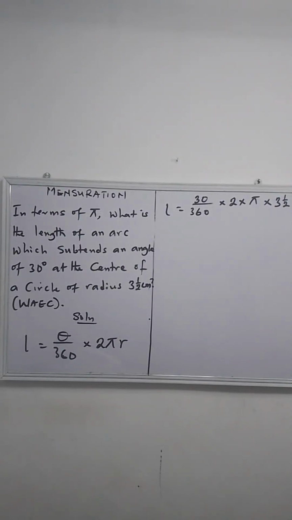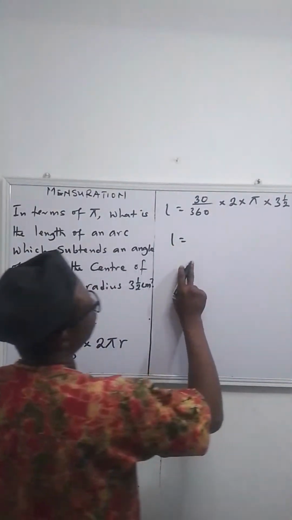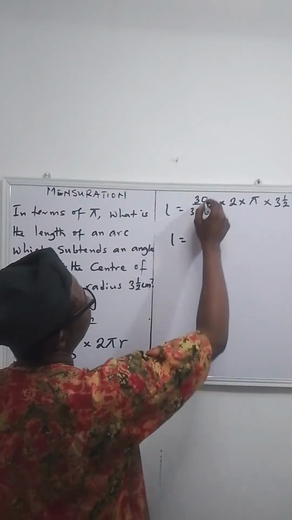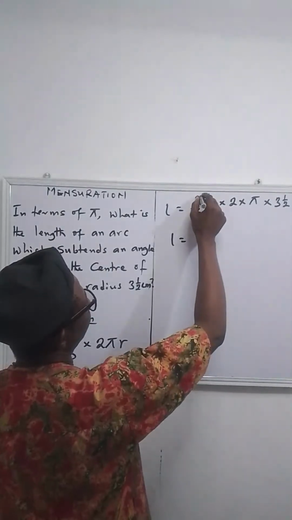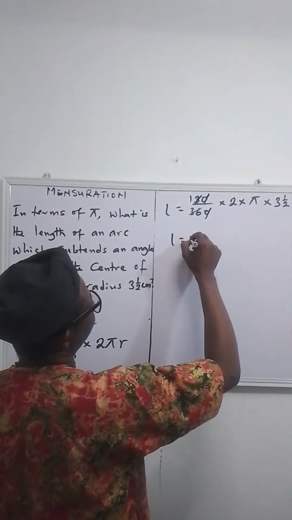Okay, Divine has dropped an answer. I can see 3.5 pi, is it over 6? Now let's see. Can we simplify this? This cancels this. 3 goes here, 1, 3 goes here, 12.